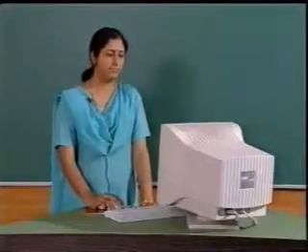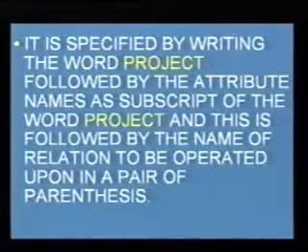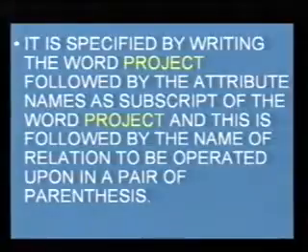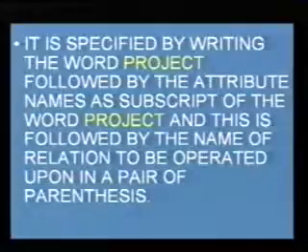That is, we can take a subset of the employee relation. It is specified by writing the word project followed by the attribute names as subscript of the word project, and this is followed by the name of the relation to be operated upon in a pair of parentheses.